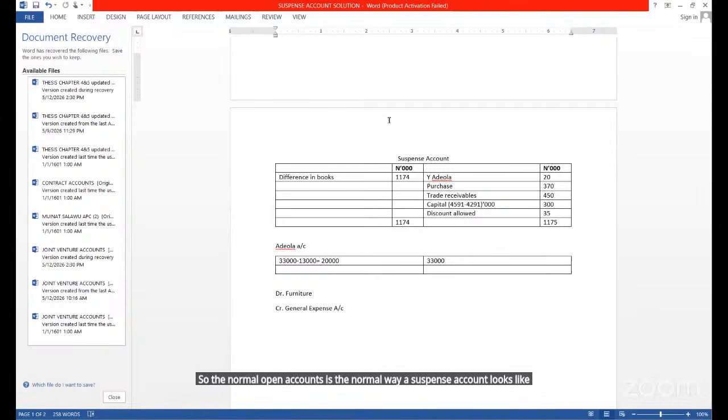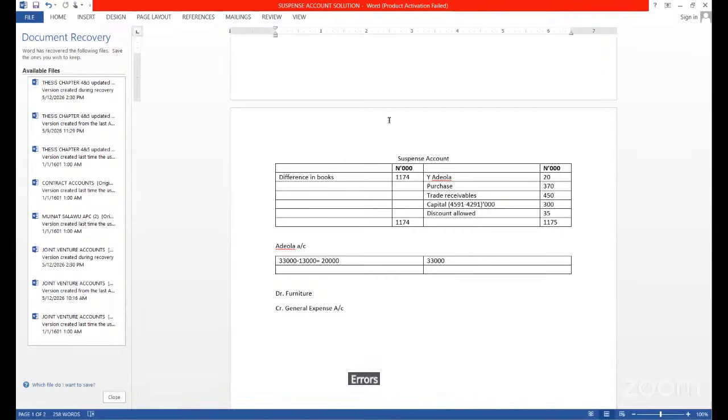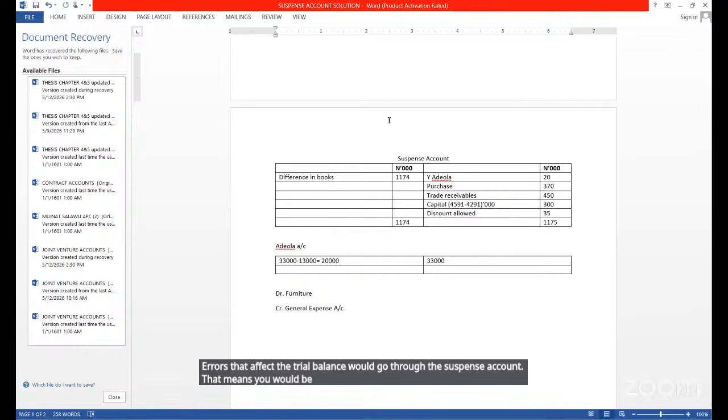Now remember that there are two categories of errors. Errors that affect the trial balance would go through the suspense account. Please listen. Errors that affect the trial balance would go through the suspense account. That means you would be making correction to such errors in the suspense account.